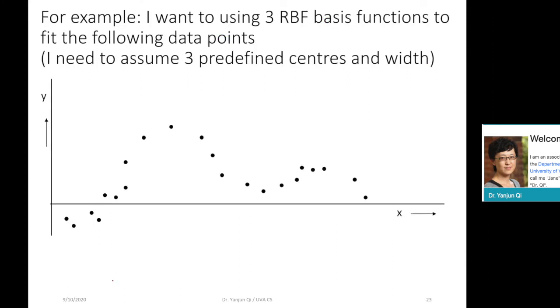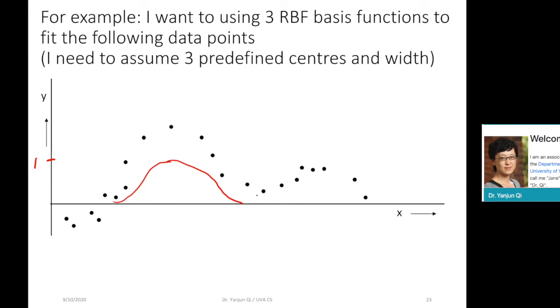Okay, so now let's see a concrete example. We are given this data, and because I eyeball the data, I'm thinking, wow, maybe I can design 3 RBF bases just because it looks like three bell shapes. So assuming this is 1, maybe I can have a bell shape here, and then I can just use weight to push it up to fit all the other points.